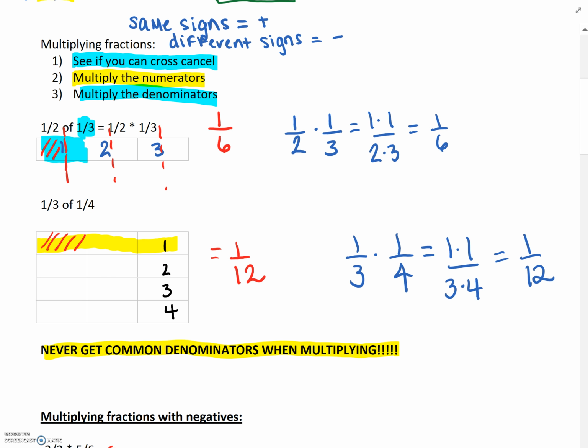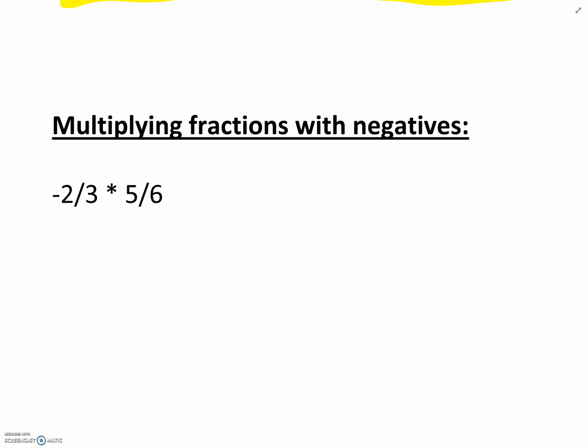So let's talk about multiplying fractions with negatives. Let's just go through and do some problems. In this example, I have negative 2/3 times 5/6. I prefer to write my fractions on top of each other. It helps a lot with cross-canceling and with multiplying straight across. So I'm going to look for any two numbers that are crisscrossed from each other that have a common factor. 2 and 6 both have a common factor of 2. Well, 2 goes into 2 one time, and 2 goes into 6 3 times.